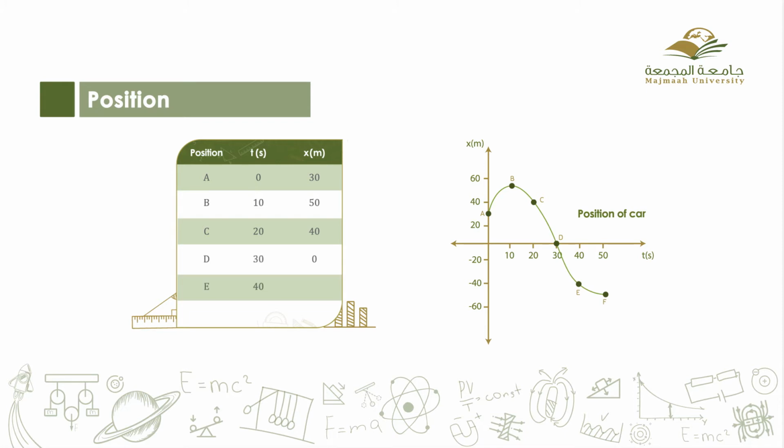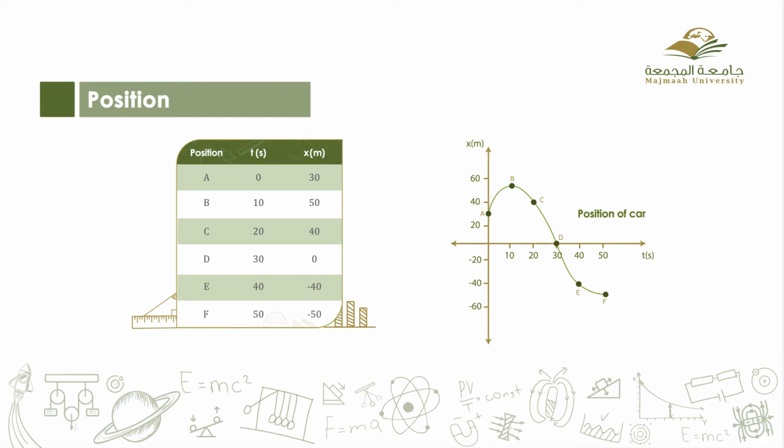After 40 seconds, it moves in the south direction, 40 meters from the reference point, at position E. After that, it moves to position F, which is 50 meters from the reference point, after 50 seconds.